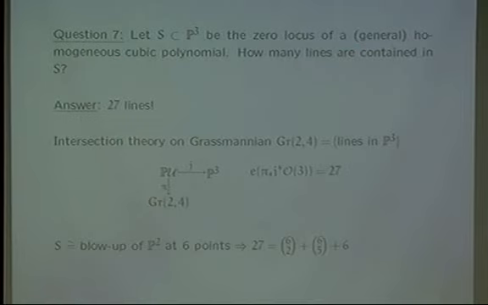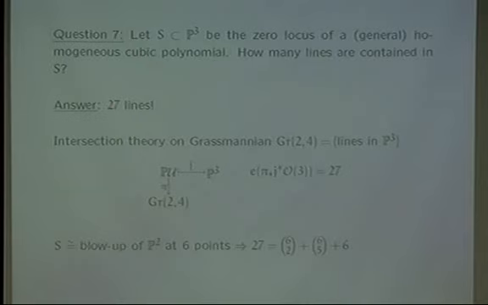So it's a cubic surface. Now you ask for the number of lines that are contained in this cubic surface. It's just a surface in three-dimensional space given by a cubic equation, and you want to find the number of lines contained in this surface. So the beautiful answer is 27.